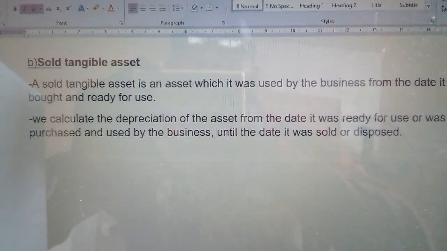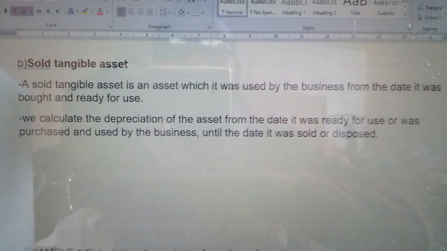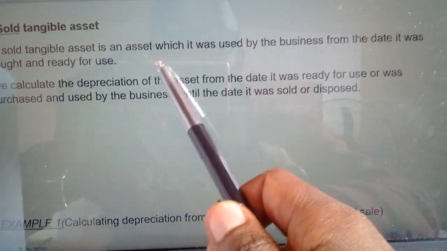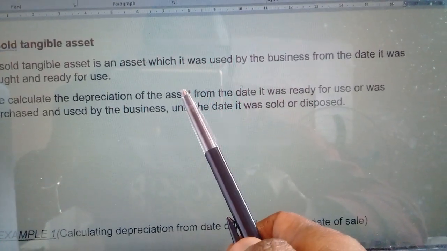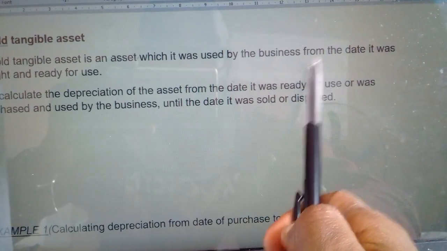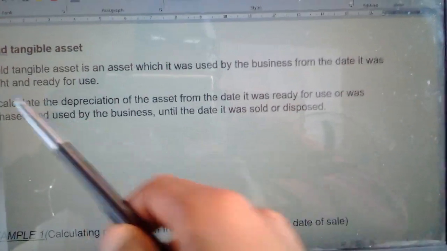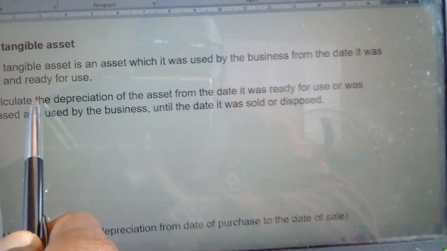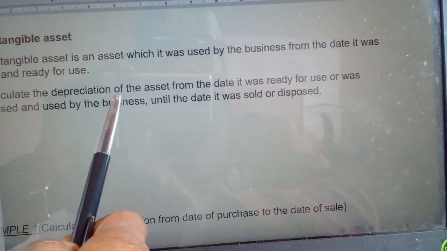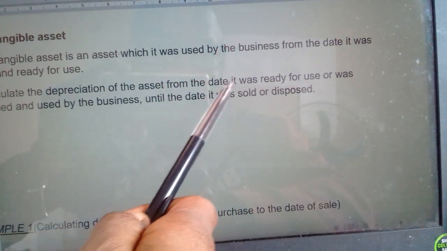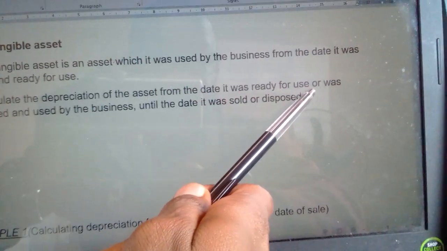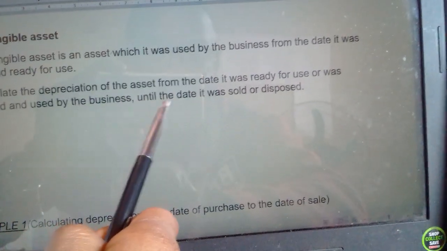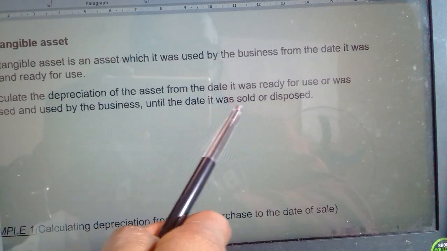So for an asset which was sold, as we continue, a sold tangible asset is an asset which was used by the business from the date it was bought or ready for use. We calculate the depreciation of the asset from the date it was ready for use or purchased and used by the business until the date it was sold.